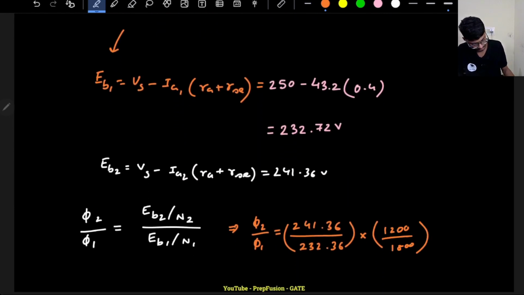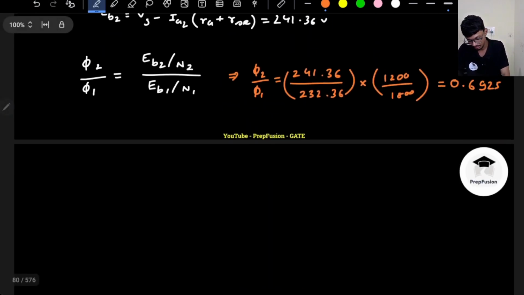From here I can directly find the ratio. So 241.36 divided by 232.36, into 1200 divided by 1800, equals 0.6925.